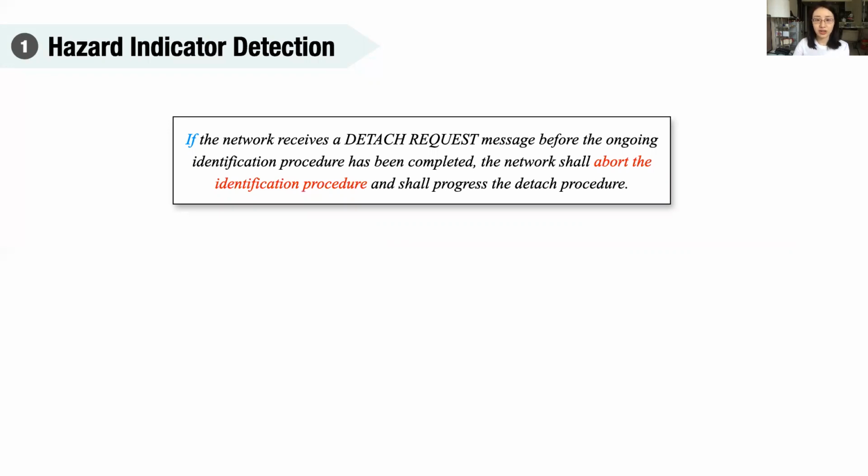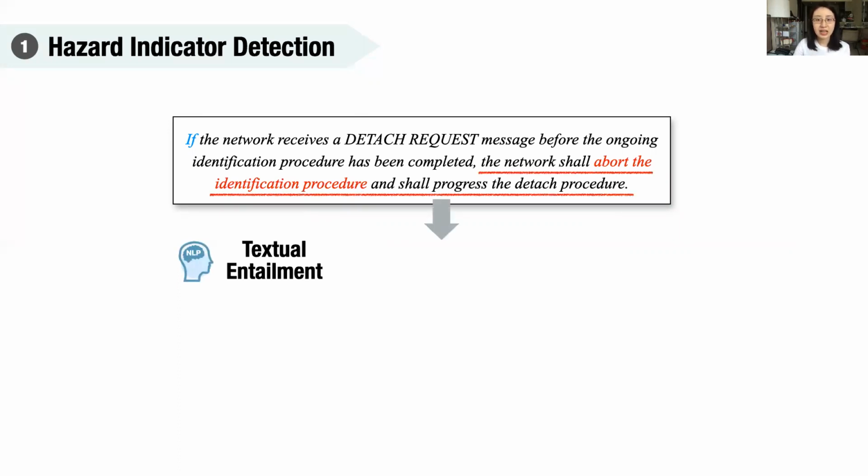In our work, we leverage an NLP technique called textual entailment. It can decide systematically whether a premise entails a hypothesis. Here, for the example in the slide, through textual entailment, we can detect that the consequential sentence underlined in red implies the risky operation abort procedure. Notably, textual entailment is a model that can understand semantics.